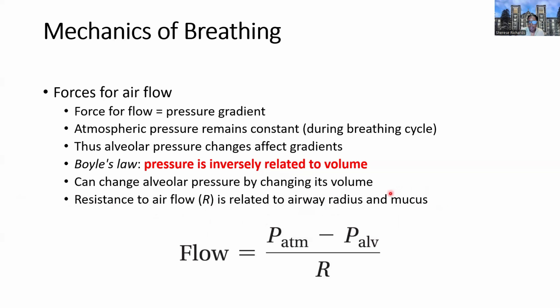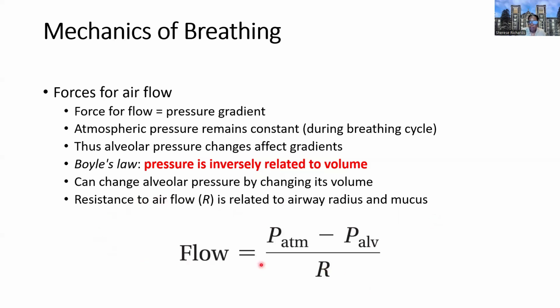Another factor that causes resistance, we said, is mucus, which is also seen with asthma. So asthmatic patients have both of these factors working against them. They have a smaller airway diameter because of inflammation that creates a thicker lumen and blocks some of that flow. And on top of that, they have mucus, which is another response to inflammation in the airway. So both of these things will impede flow and are considered resistance.